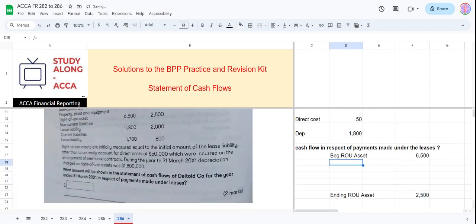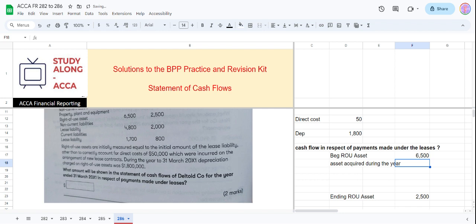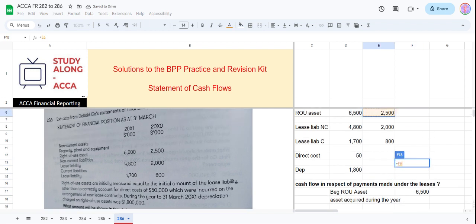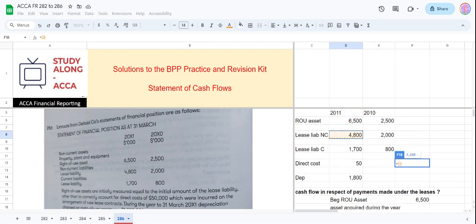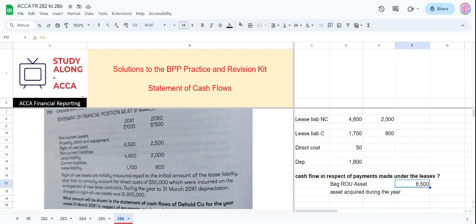So how much I spent, I mean, asset acquired during the year. Actually, not ROU asset. How we should be doing it is beginning lease liability.